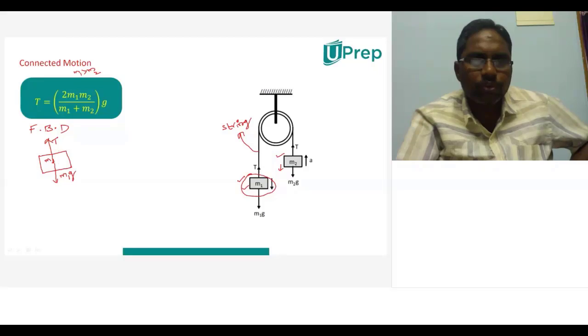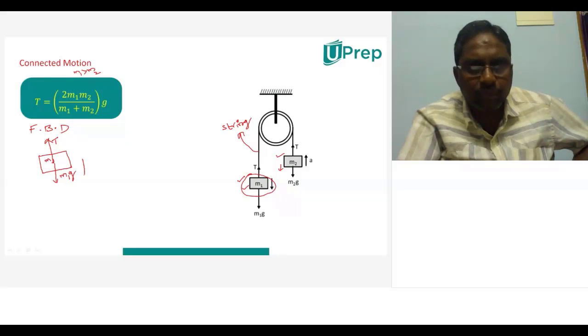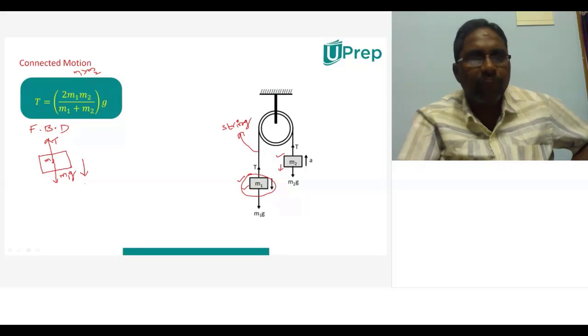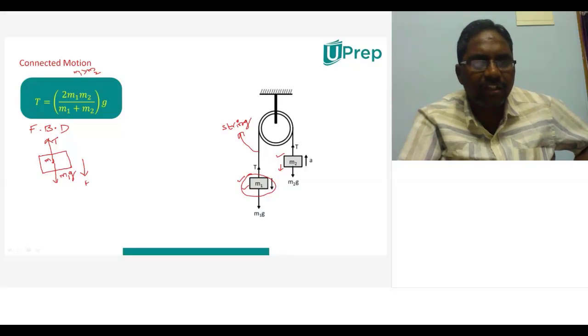So how many forces are acting on this object? Two forces are acting on this object, but due to these two forces, it is moving in which direction? Downward direction only. When can it move in a downward direction? When the resultant force is along the downward direction.